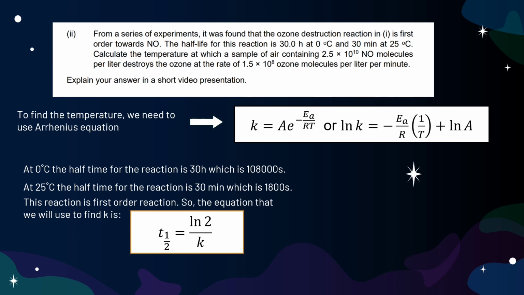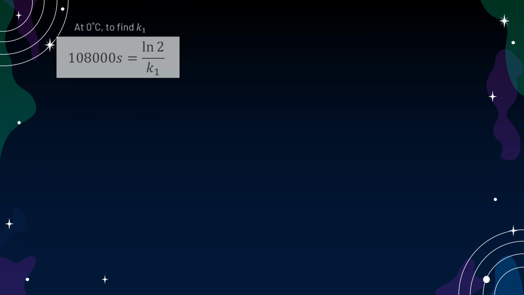So the equation that we will use to find k is t half equal to ln 2 over k. So, at 0 degrees Celsius, to find k1, we will insert the value for half-life.